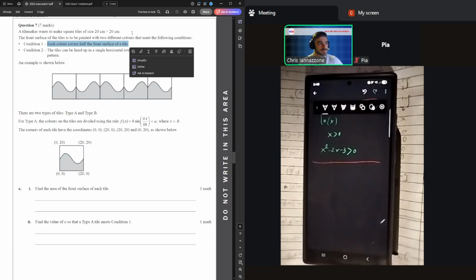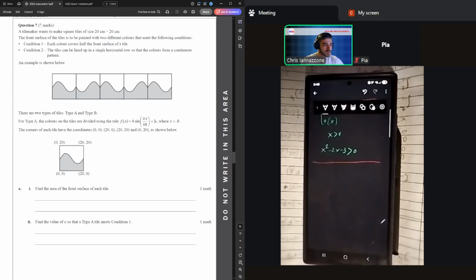The other thing is that the condition is that you have to have that line such that area below is the same as area above, right? It's a 50-50 split. So if you think about what A is associated with, what impact could it have on the area above and below the line?